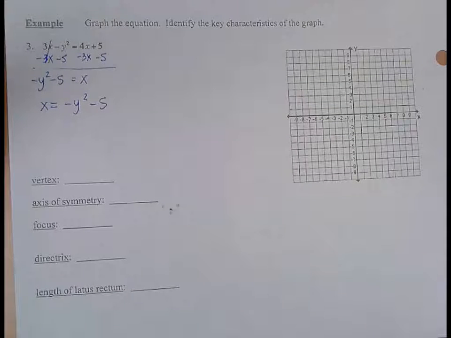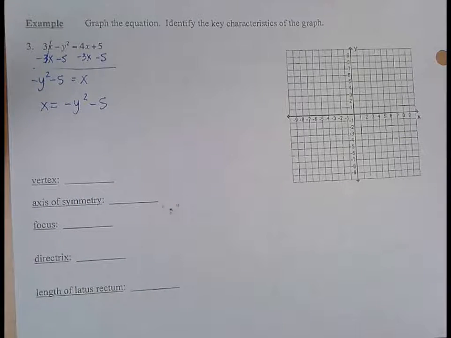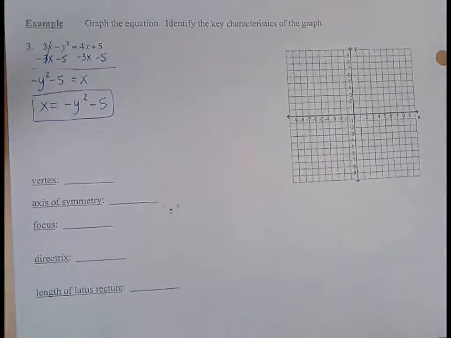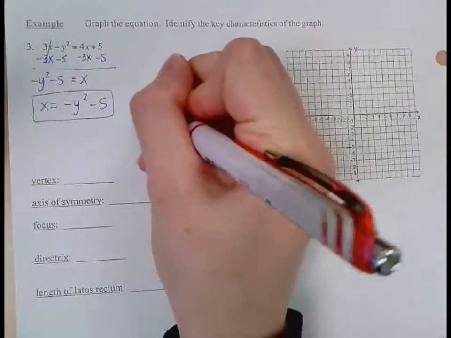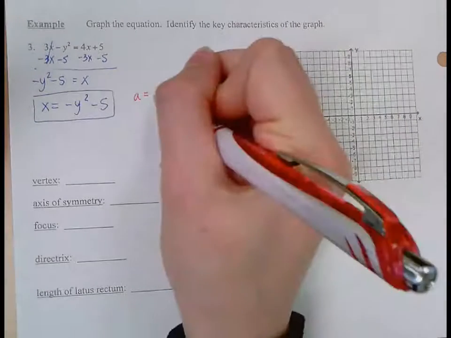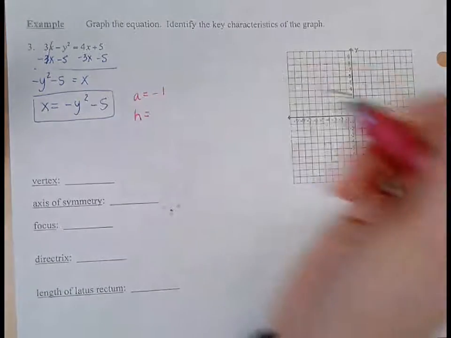This is actually already in standard form now, because you don't have another term that just has y to the first power. So this is actually standard form. What is the a value? Negative 1. What is h?